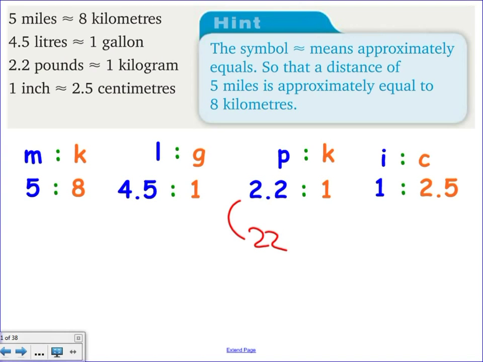You've gone from 2.2 to 22 by multiplying it by 10. So you just multiply the other side by 10. So 22 pounds is 10 kilos. Okay? So I just want to highlight now, striking while the iron is hot, as opposed to bringing it up again in March, that conversions, metric to metric or metric to imperial, are just ratios.